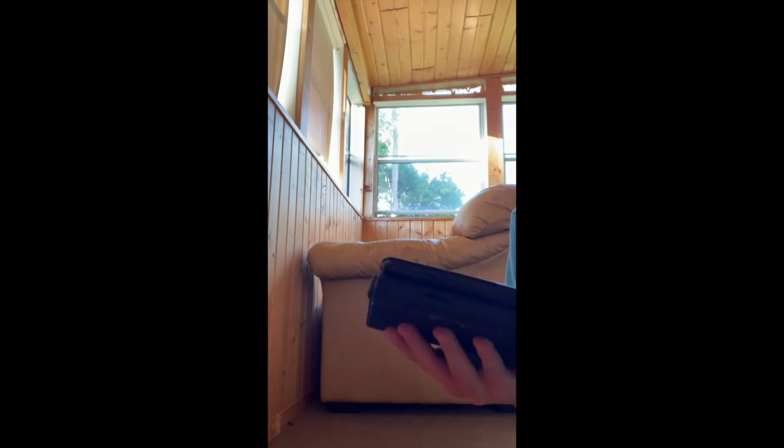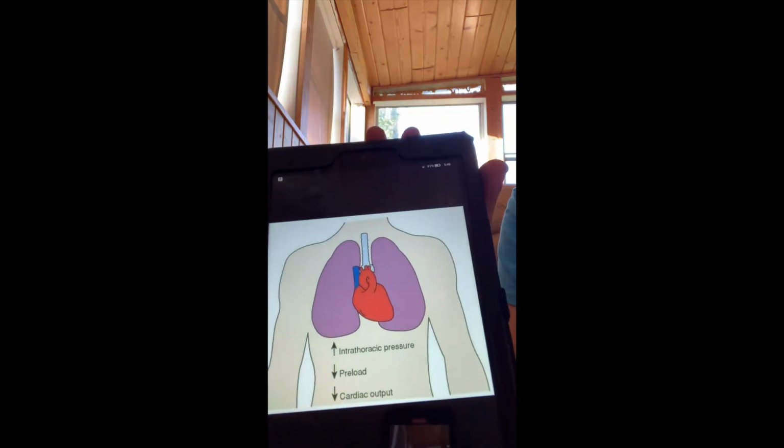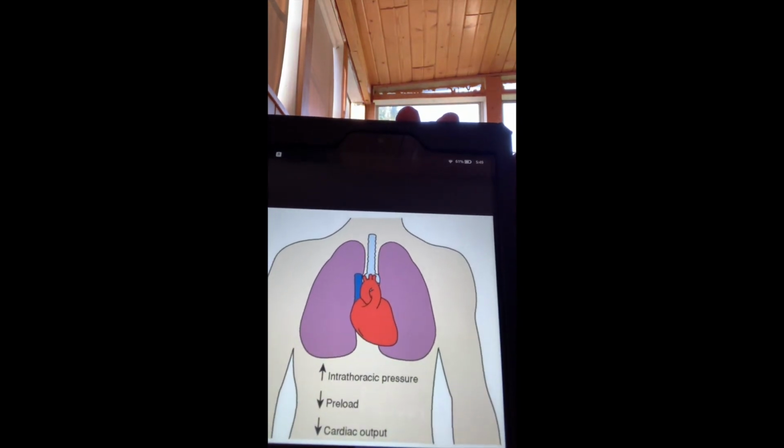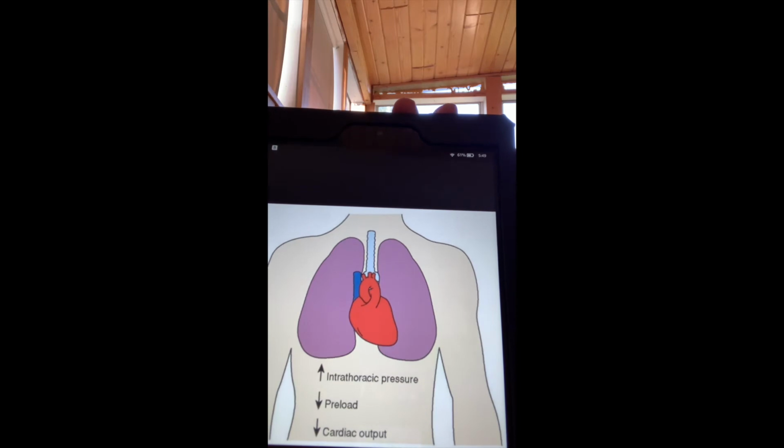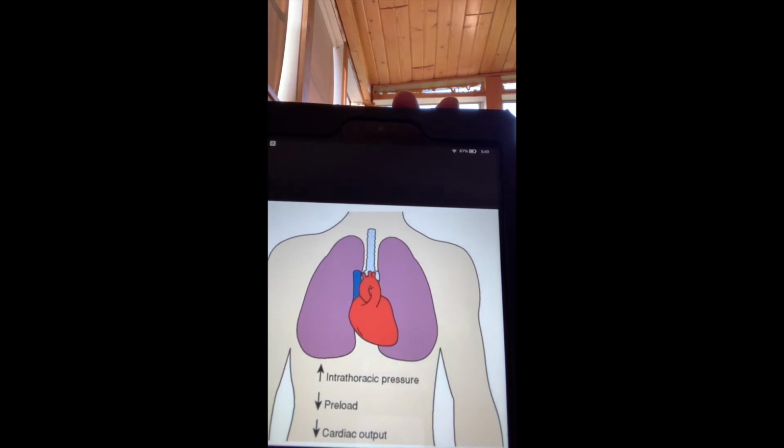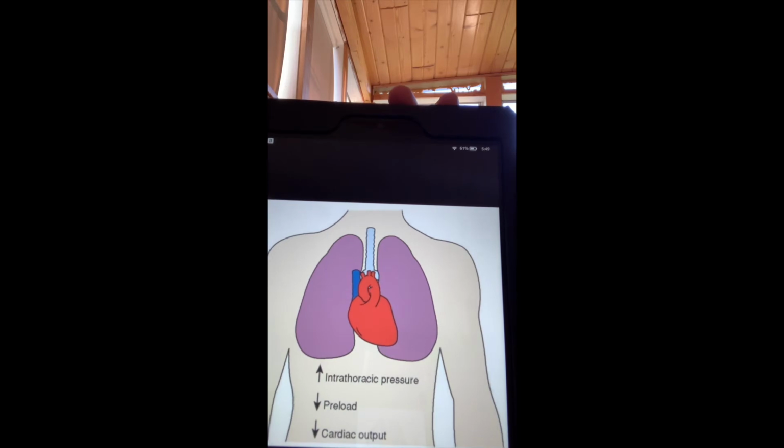So sometimes we need a little help breathing, and we may use CPAP. Here is a picture that shows the effects of CPAP. Normally the physical act of breathing helps get blood back to the heart. However, when we use artificial ventilations, there's still pressure inside the lungs after exhalation.